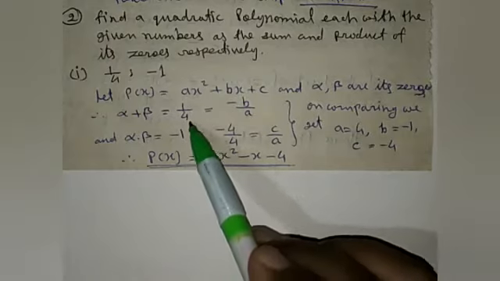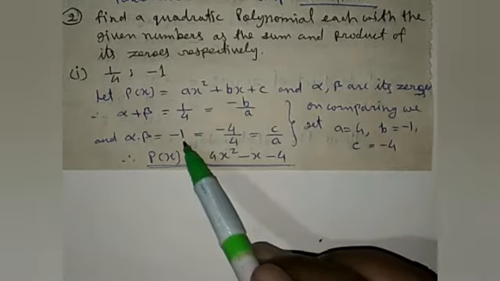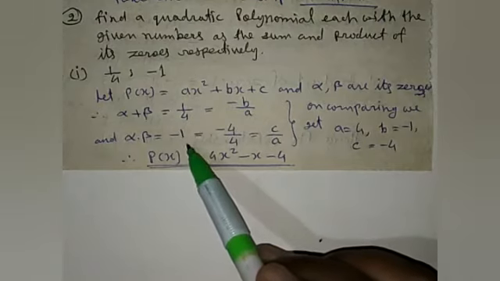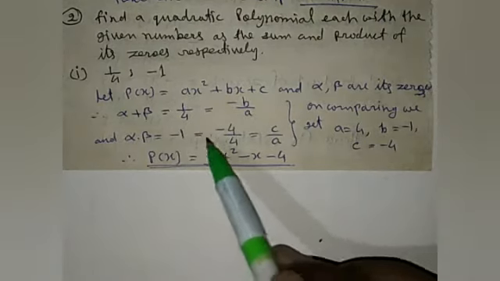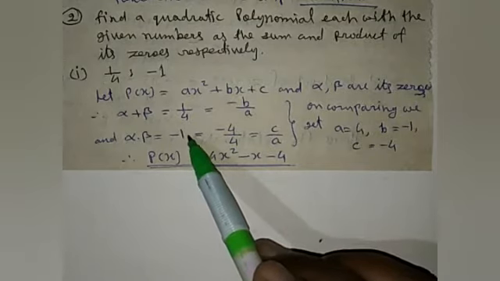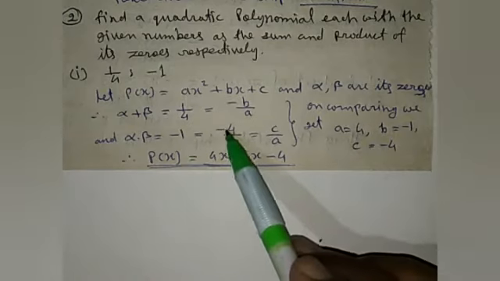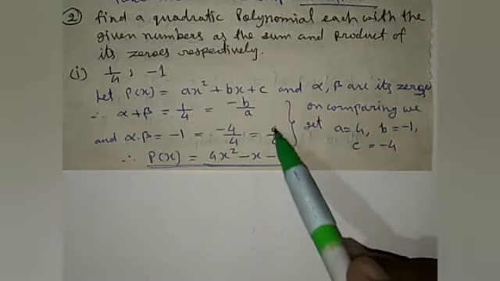So here a is 4 and b is minus 1. So you have to put the denominator also as 4. Here you have to multiply the numerator by 4 and the denominator by 4. So you will get minus 1 equal to minus 4 upon 4, that is equal to c upon a.